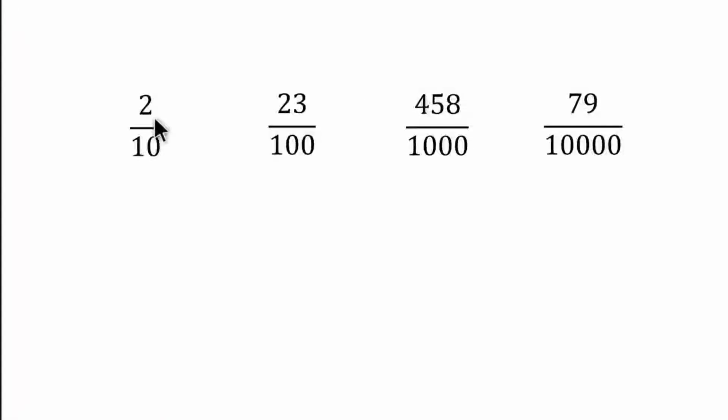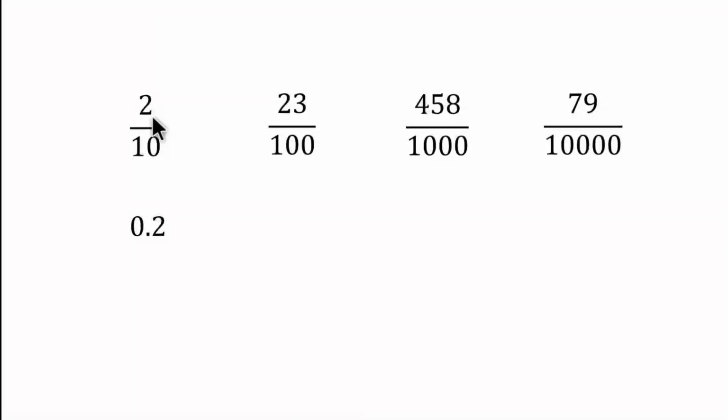So there can be any number in the numerator, but in the denominator if we have the powers of 10 like 10, 100, 1000, 10,000, lakh, 10 lakh and so on, then this kind of fractions are called the decimal fractions. So why decimal fractions? Because 2 by 10 can easily be converted into a decimal number like 0.2.